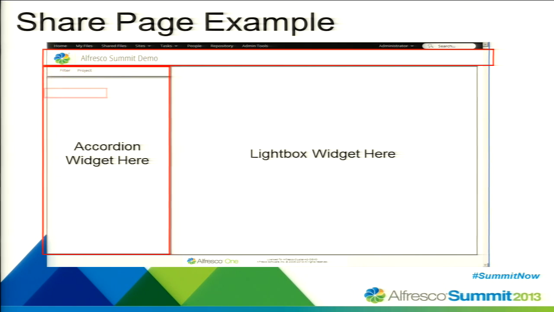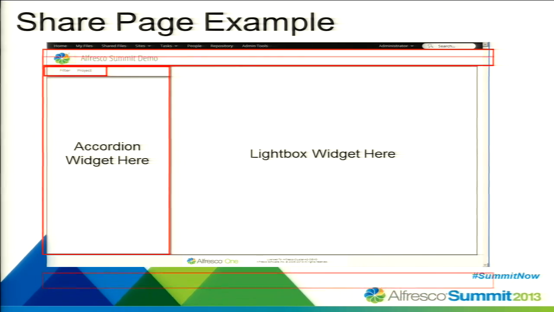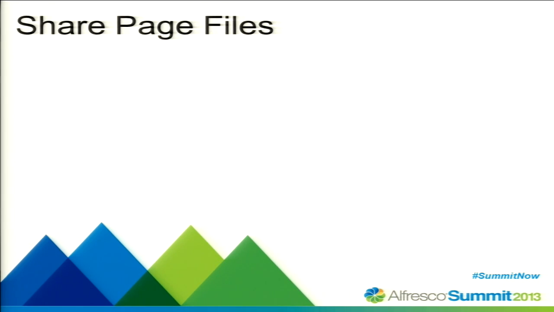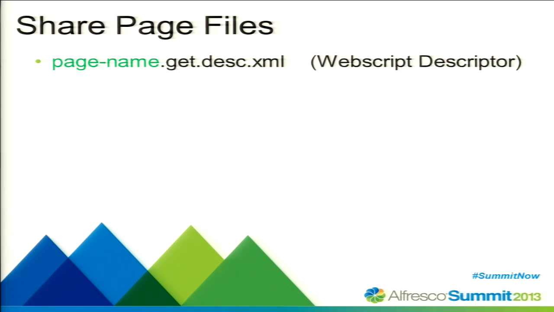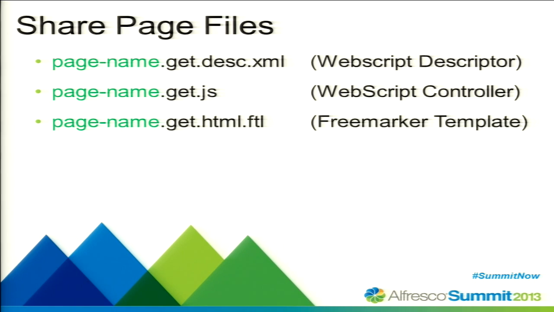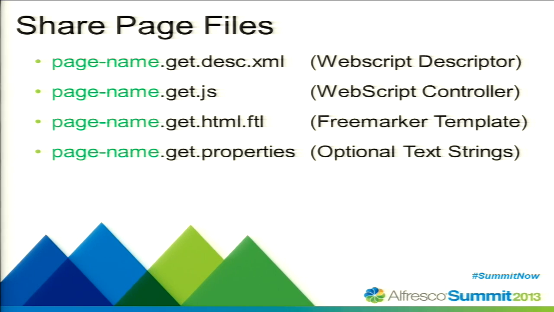So that's just outlining what is there. Now, in order to set up a page that's a standalone page, you'll still need to have 4 files here. And this looks sort of like the old implementation of Share.